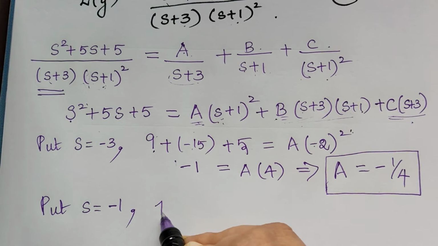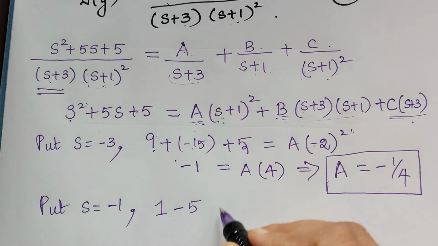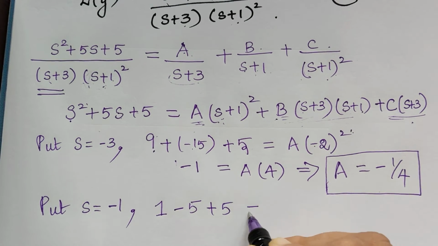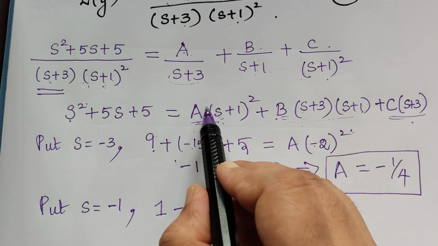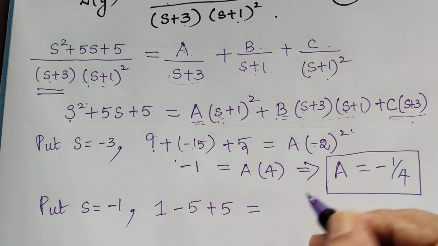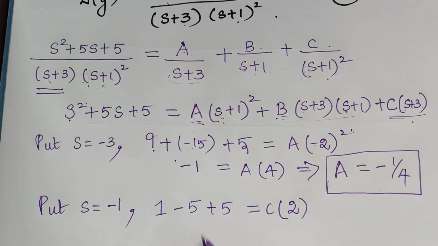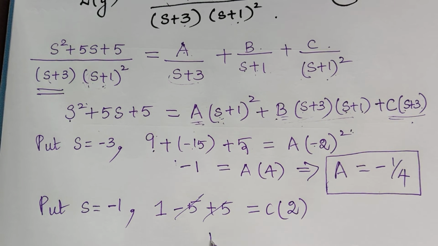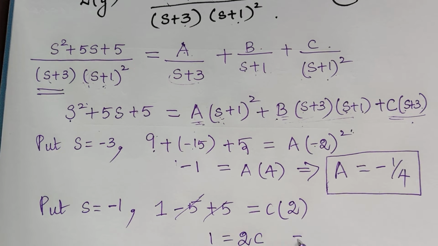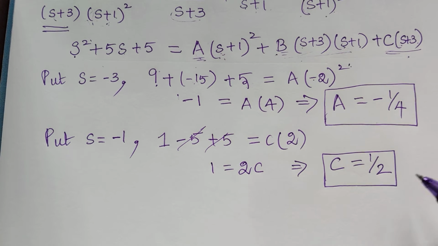Minus 1 squared, which will be 1, and then 5 into minus 1, so minus 5, and then plus 5, is equal to, if you put minus 1, this term will vanish, here also if you put minus 1, this term will vanish, so c multiplied with minus 1 plus 3, which will be 2. And so here you have 1 is equal to 2c. So therefore we get the value of c to be equal to 1 by 2. So we have obtained the value of c.